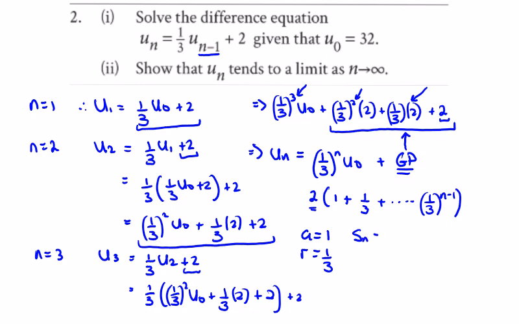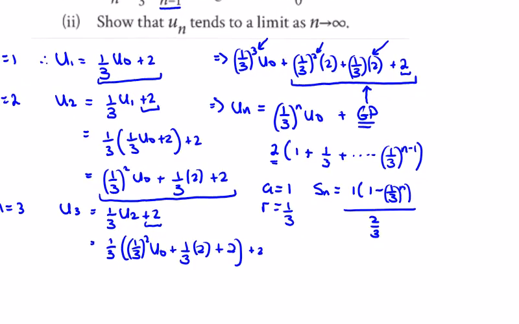So Sn is equal to A times 1 minus r to the power of n all over 1 minus r, or 1 minus, I'll put the third in. In fact, at this point, I'll probably just put 1 minus a third as 2 thirds.